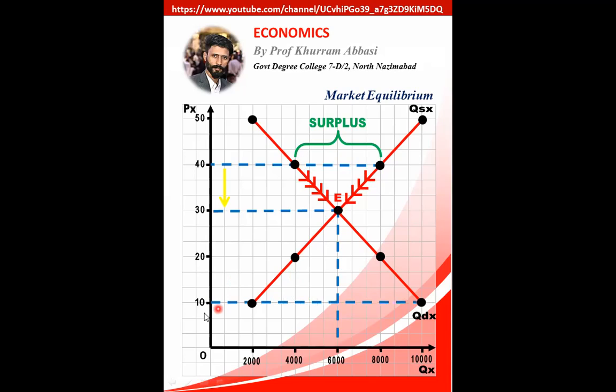If we discuss the price when it is 10, when the price of good is 10, there is a gap. You can see this gap is called shortage. What does it mean? This is the shortage of goods which are not available in the market.